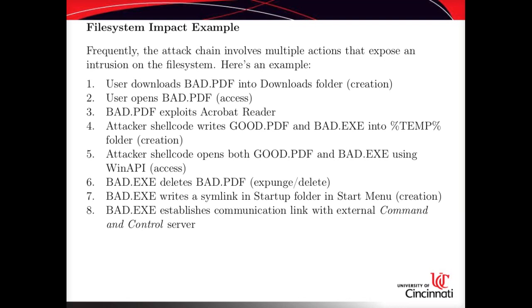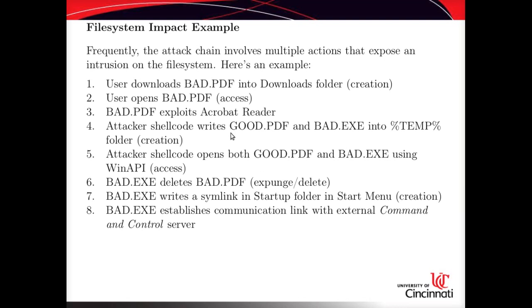In addition to telling you where all the files are, the master file table also keeps a log of multiple different types of operations. It's actually got 4 different types: creation, access, expunge, and modification, I think, are the 4 of them.